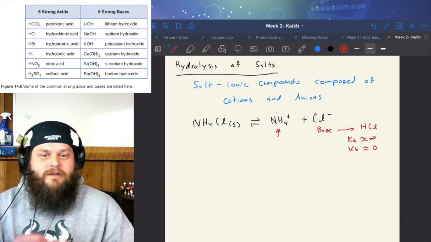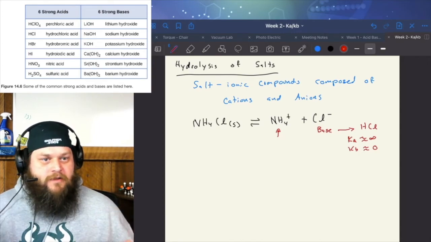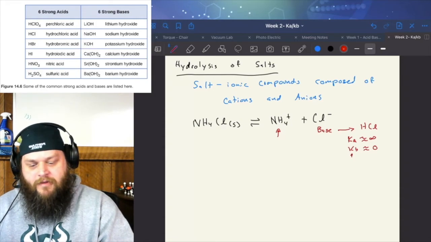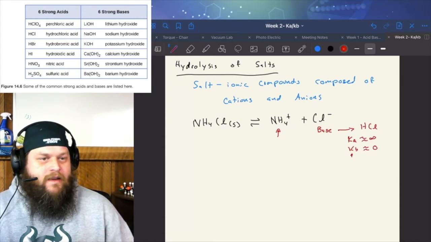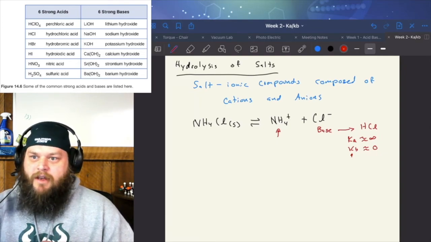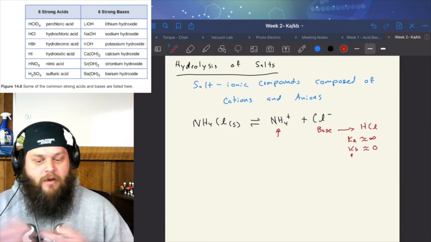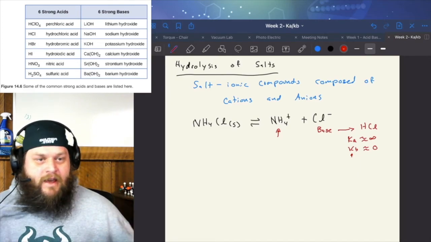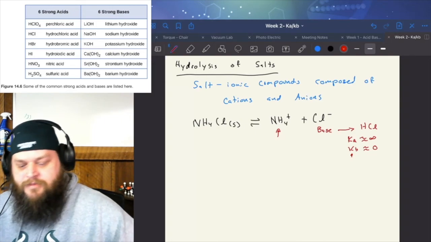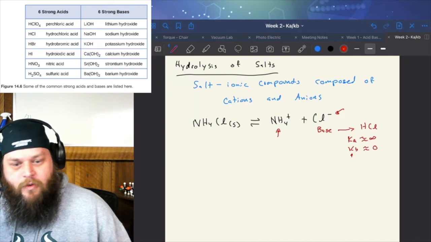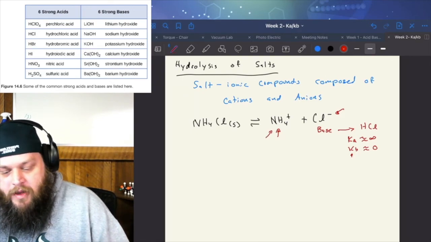Once it's fully dissociated, we're doing the products divided by the reactants for the Kb and Ka values. In the Ka example, the reactant HCl is going to be almost completely gone, so almost 0, and we end up with a Ka value near infinity. So in this case, chloride doesn't really act as an acid or a base, but ammonium does.